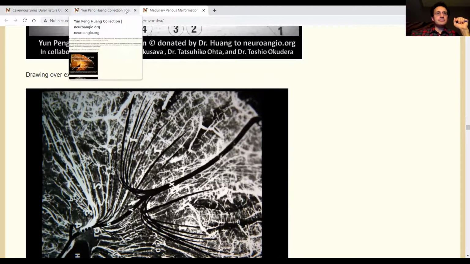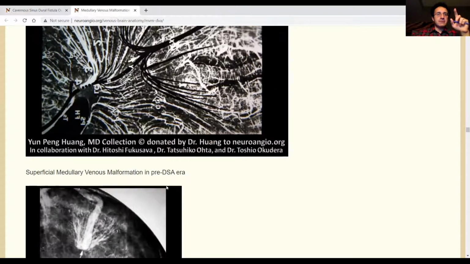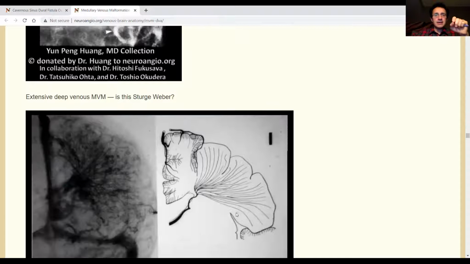Now, apart from that, it's also important and emphasized on the website is the balance, as so many things are in balance. We emphasize balance all the time, but there's a balance in venous everything. There's a balance between the Trolard and Labbé and superficial veins and whatever. There's also a normal physiologic balance between superficial and deep venous systems, which you can see on the deep venous system page.